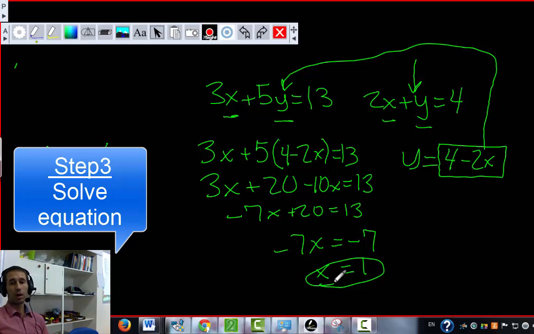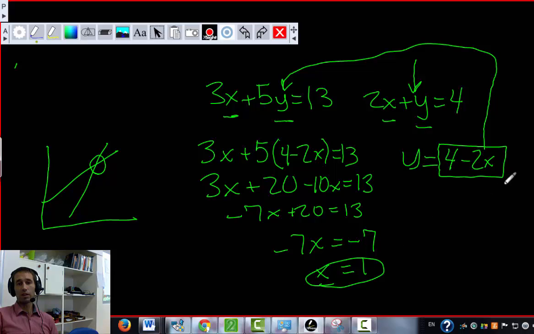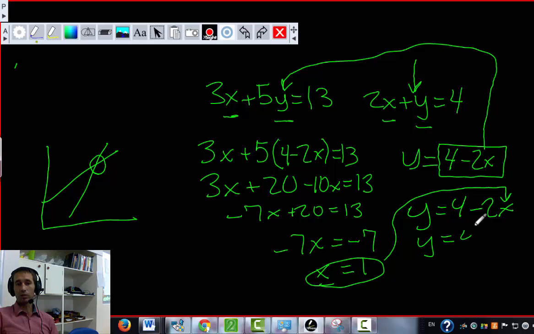Now I need a y answer. To figure out my y answer, I can substitute this x equals 1 back into any of my equations. I think this one here looks easy: y equals 4 minus 2x. If I substitute 1 in here, I get y is equal to 4 minus 2 times 1.